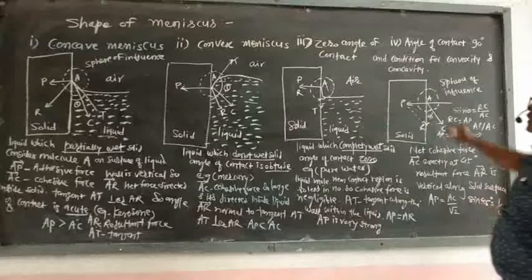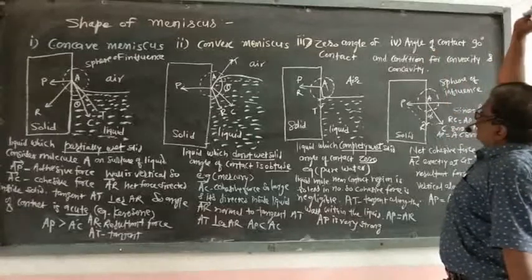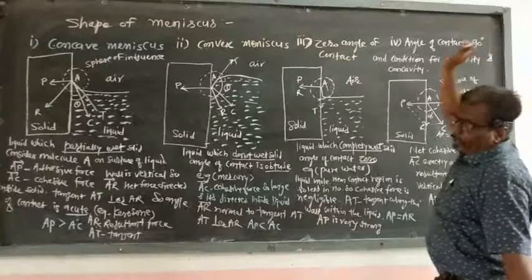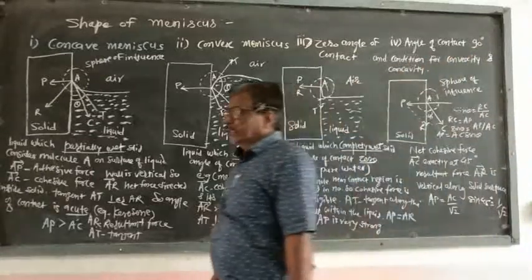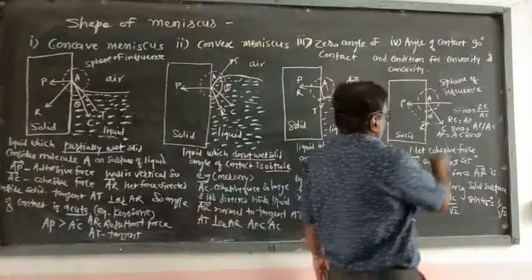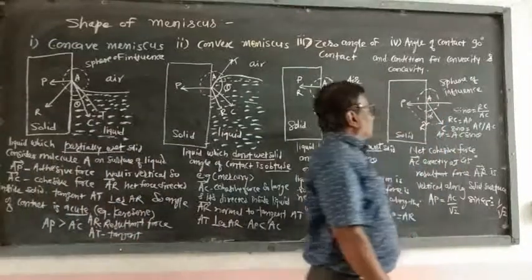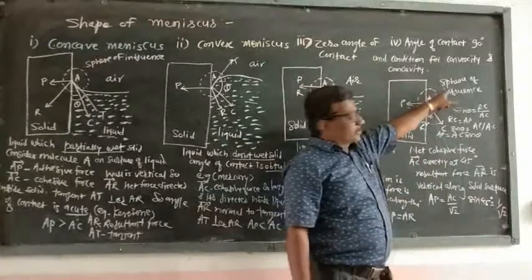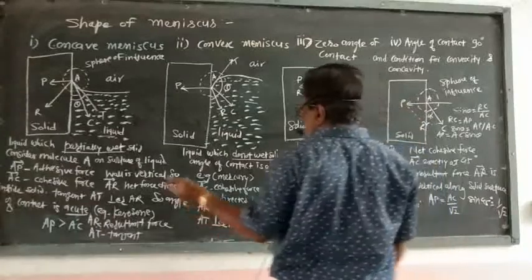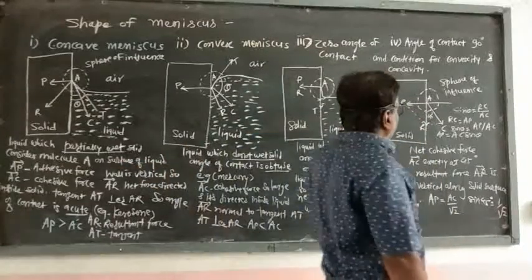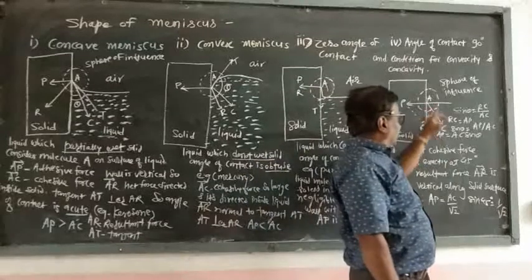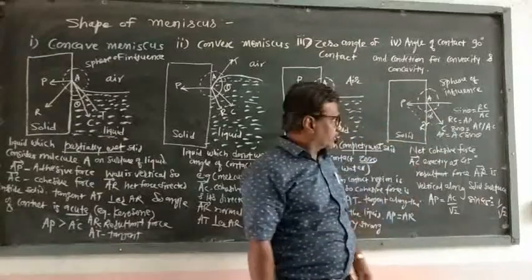Now we consider the fourth case. For the fourth case, the angle of contact is 90 degrees, and this is the condition between convexity and concavity. For that, we again consider the same figure. There is the point A of a molecule. The dotted region represents the sphere of influence. AP is again the adhesive force, AR is the resultant of the forces, and AC is the cohesive force.